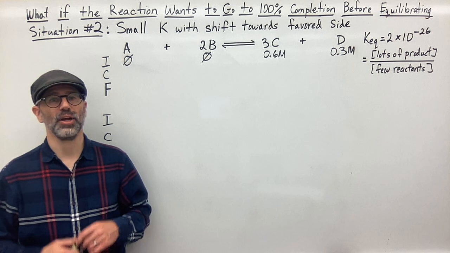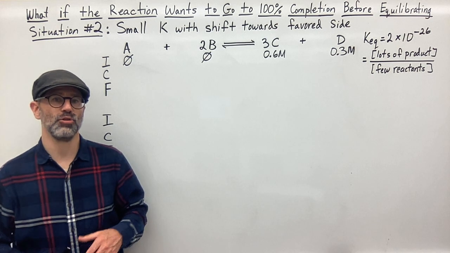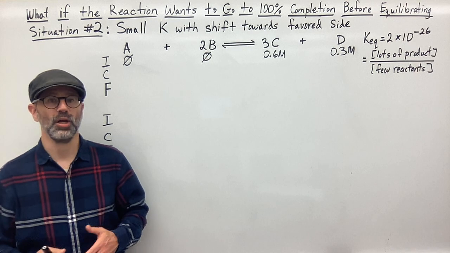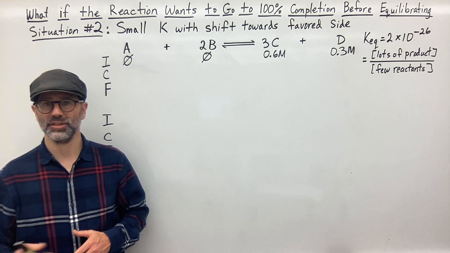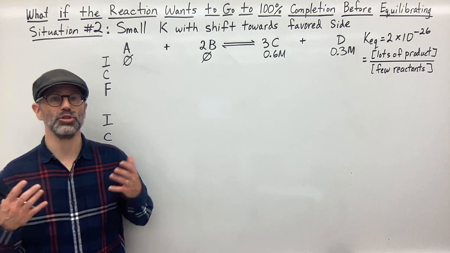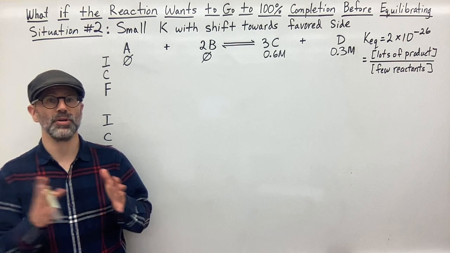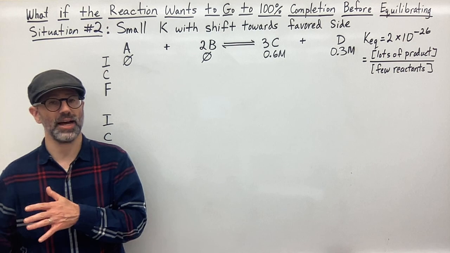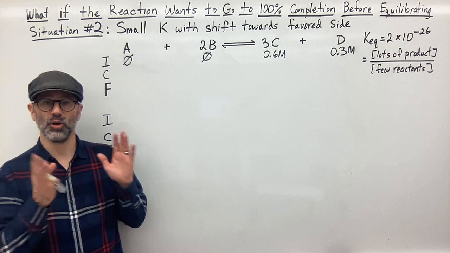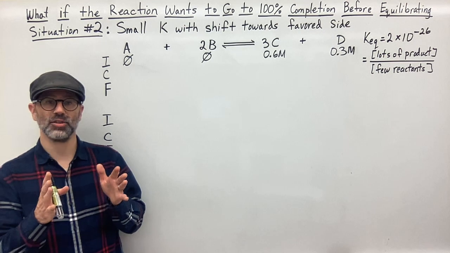So what you're going to have to do first is do a stoichiometry table, an ICF table or IF table or whatever you want to call it. But you have to do stoichiometry first. You assume that it goes 100% towards the favored side, and then figure out what your limiting reactant is going to be.